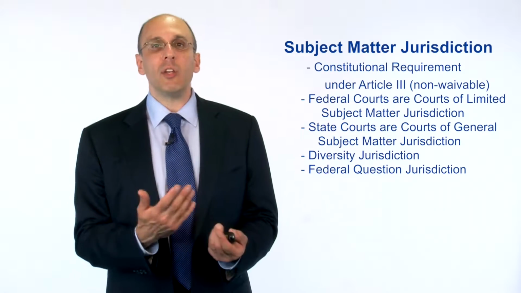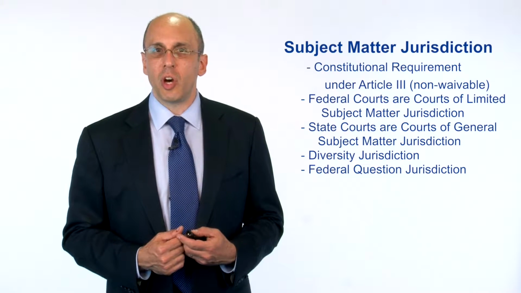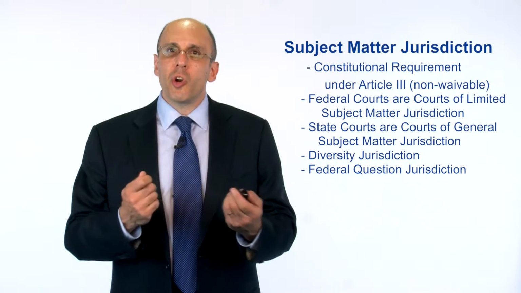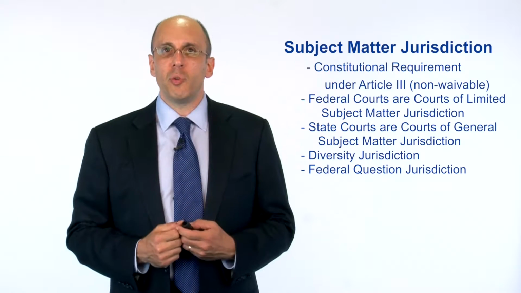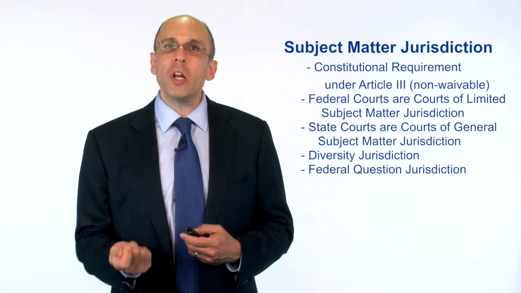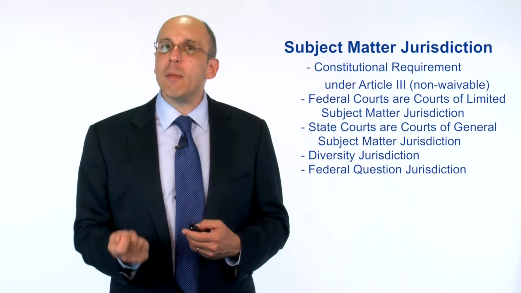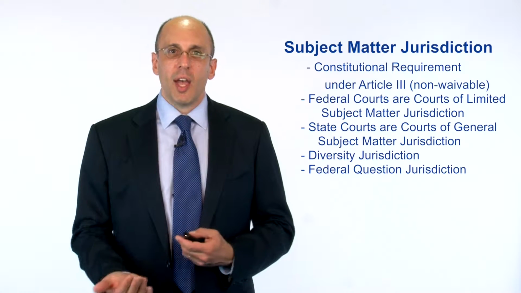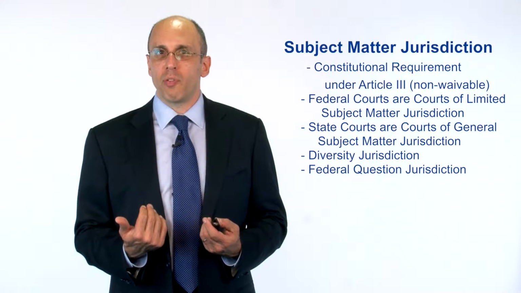Why? Because particularly in the early days of the Republic, and probably even now, there is concern that if you've got parties from two different states and the case is brought in the state courts of one of those states, maybe the state judges or the state juries will be biased and we'd be better off going into a federal court.